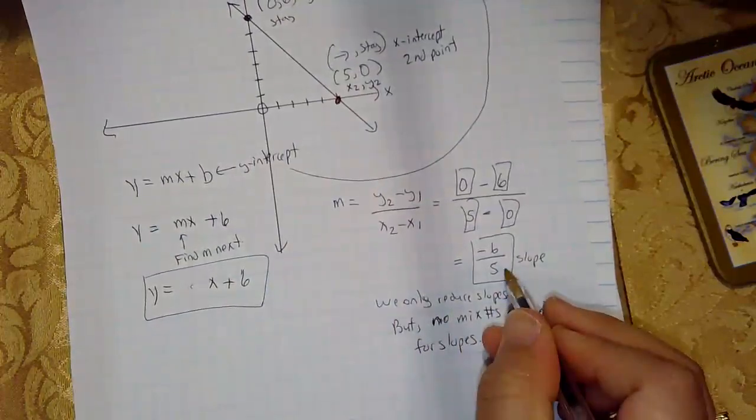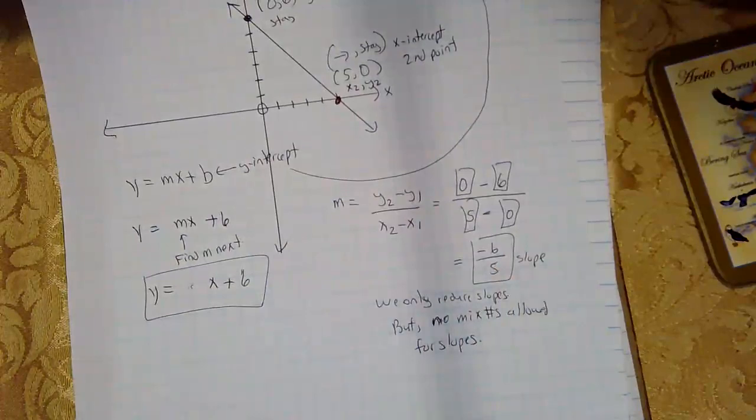So even though this isn't proper, and we know in the past we were talking about mixed numbers doing long division, we're not allowed to do that for a slope, because a slope is a rise over run, a numerator over denominator, rise over run. We don't have any format for a mixed number, that whole number in there. We just keep it as a rise over run.